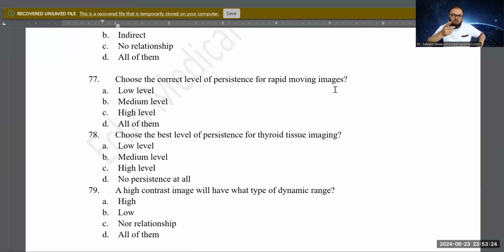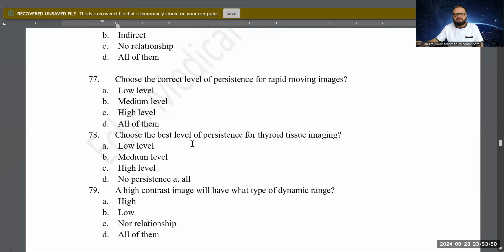Exactly, it will be low level persistence, because for the machine it's a lot easier to average the frames when the structure is solid, not movable. That's easier for the machine. So if you're scanning structures which are fast moving, it's a little bit tough for the machine, so they will have a low level persistence actually.